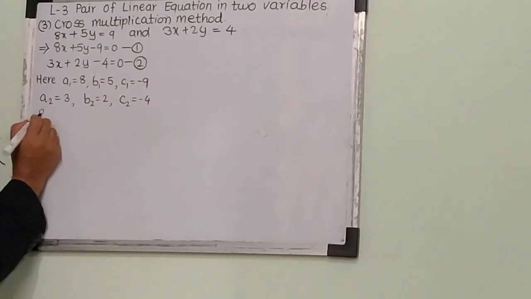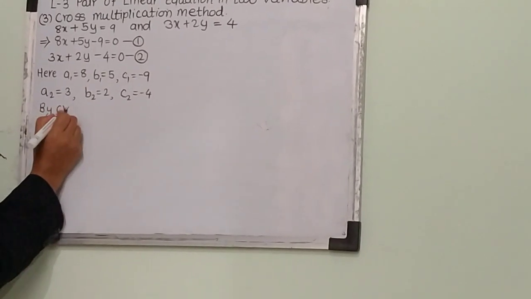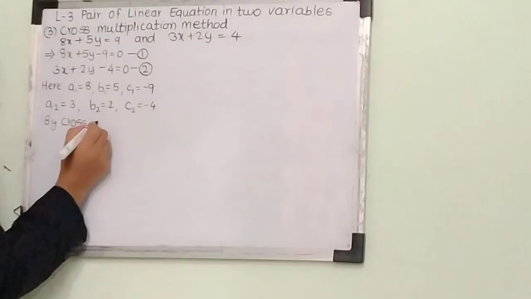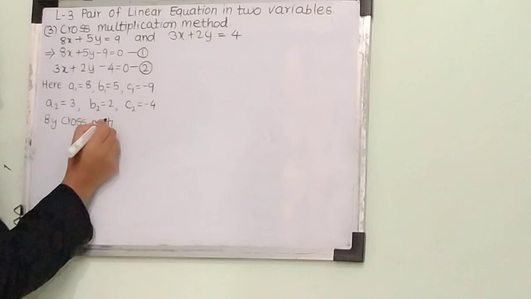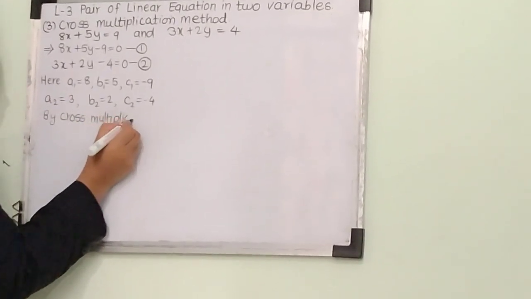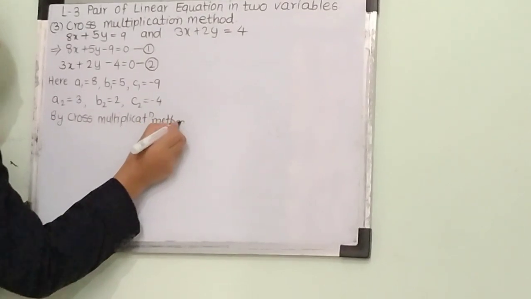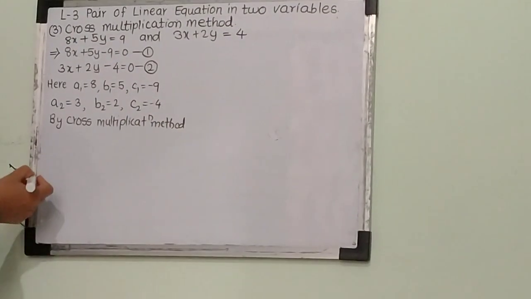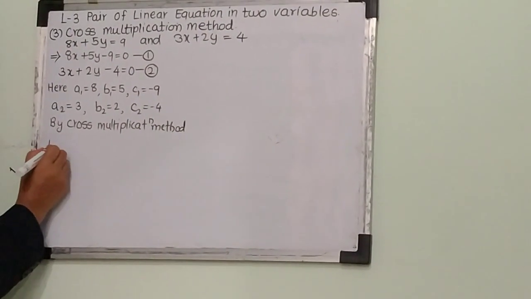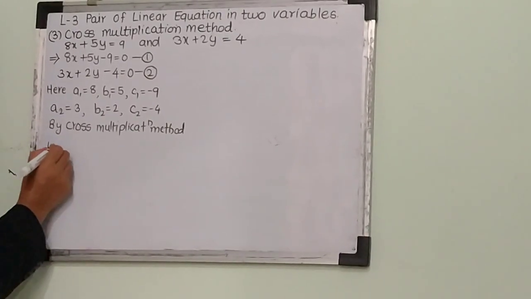then by the cross multiplication method we have to write the terms as b1, b2.